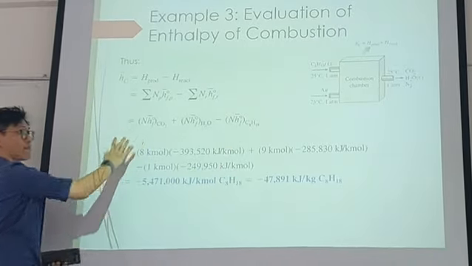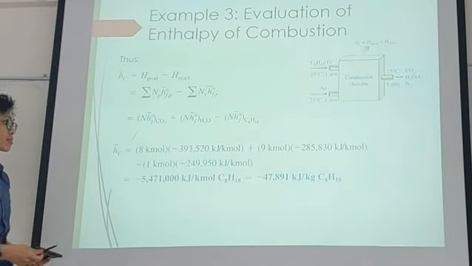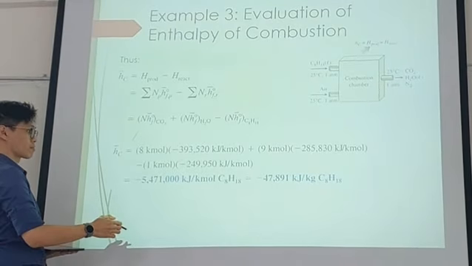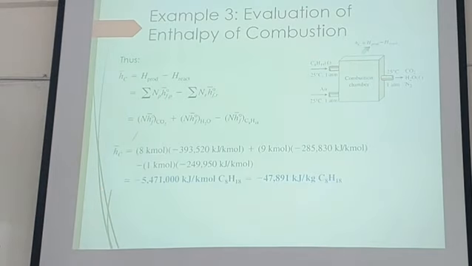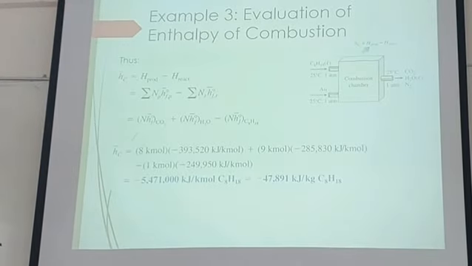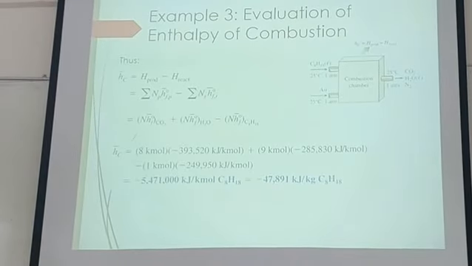So these are all we have. But we need, of course, to include the mole because the value itself is in terms of kilomole. Then shouldn't the final answer be kilojoule.